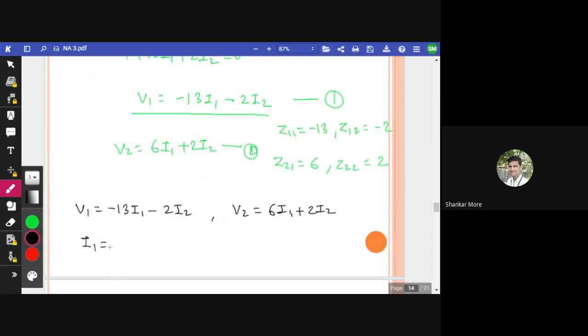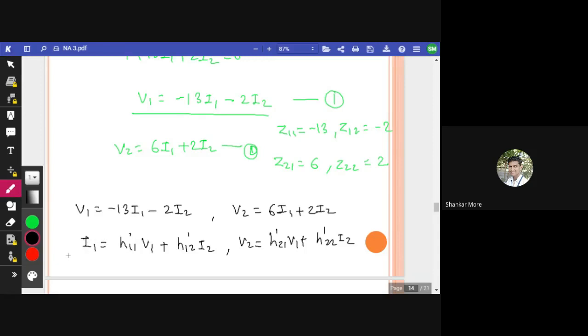What is the format of our H inverse parameters? It is I1 is equal to h'11 V1 plus h'12 I2, and V2 is equal to h'21 V1 plus h'22 I2. This is the format.